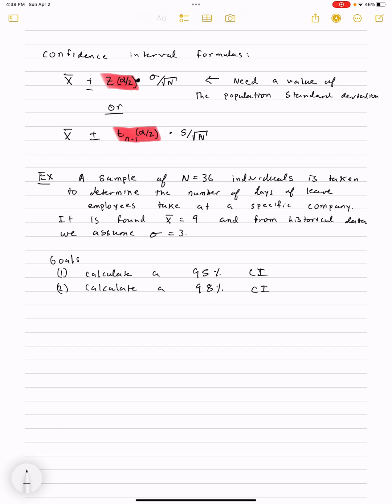The bottom one uses a t-distribution, but it has an estimate of the standard deviation coming from the sample standard deviation.